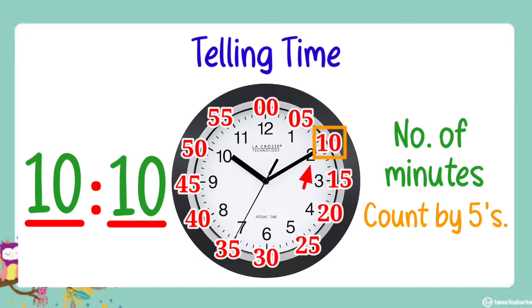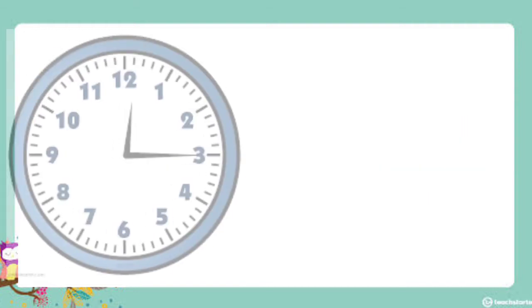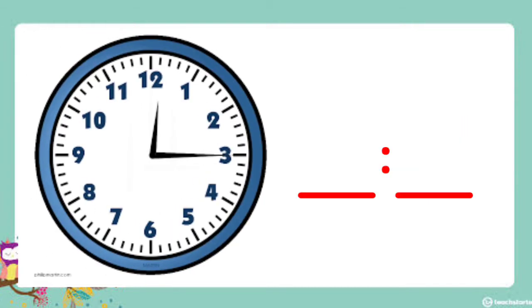Is it clear? Another one. For us to know the time, what's the first thing to do again? Look at the hour hand, or the shorter hand. Where is it pointing? It's pointing at 12. So the hour is 12. And now, let us look at the minute hand, or the longer one. Where is it pointing?